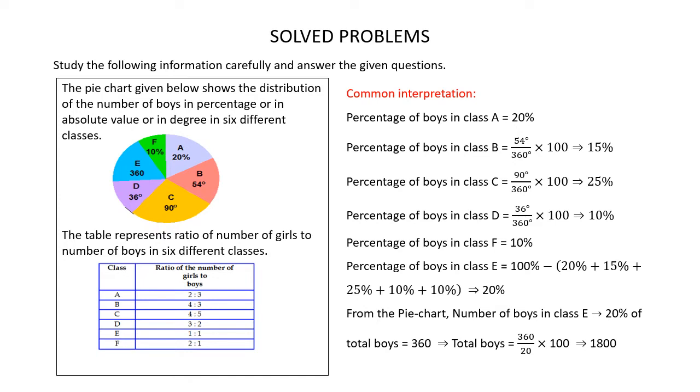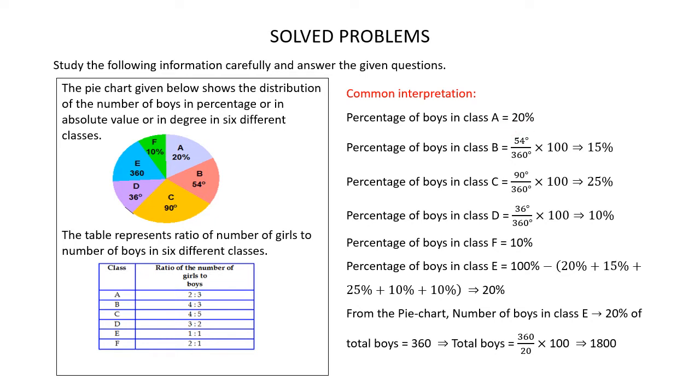Now this pie chart shows the distribution of the number of boys in percentage or in absolute value or in degree in 6 different classes. First, let's convert the degrees and the absolute value to percentages. So now from this pie chart we know that the percentage of boys in class A is 20%.